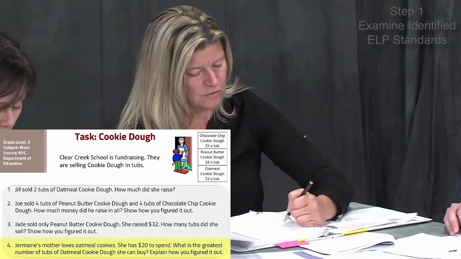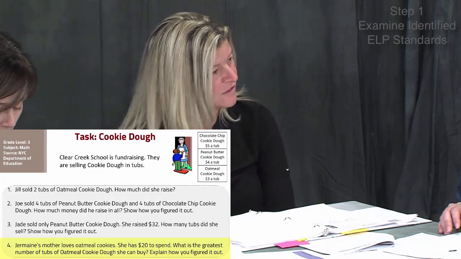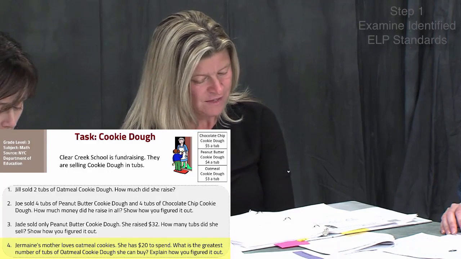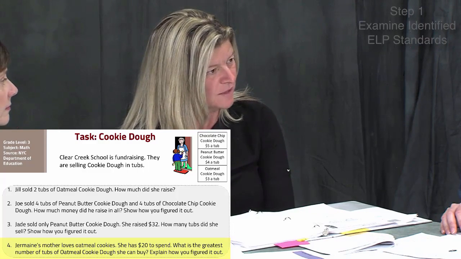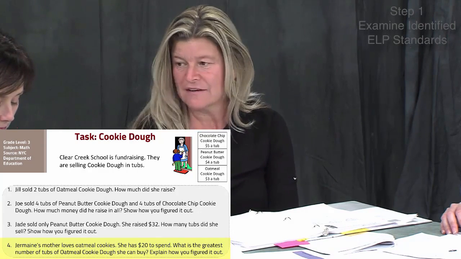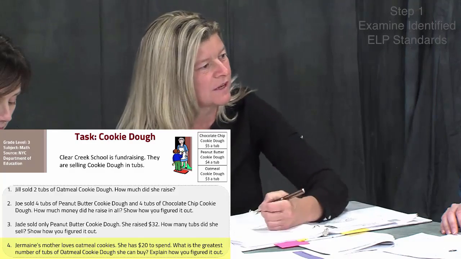But we're only focused on question 4, which says, Jermaine's mother loves oatmeal cookies. She has $20 to spend. What's the greatest number of tubs of oatmeal cookie dough she can buy? And the student has to figure out the number of tubs based on the amount of money and use the chart to figure that out. And then they have to go a step further and explain how they figured out the mathematical response to that question.